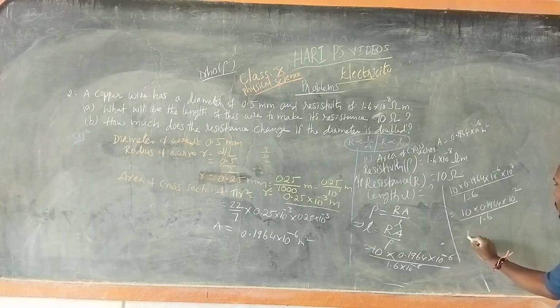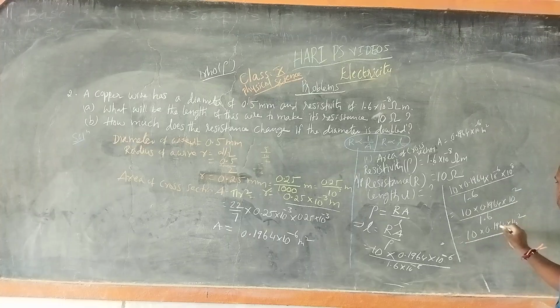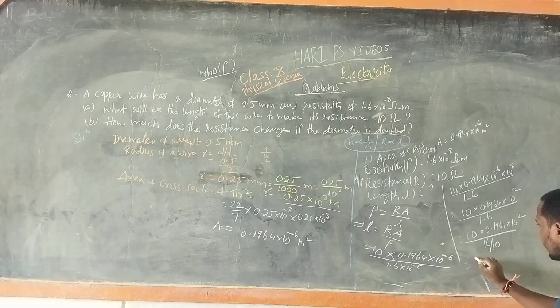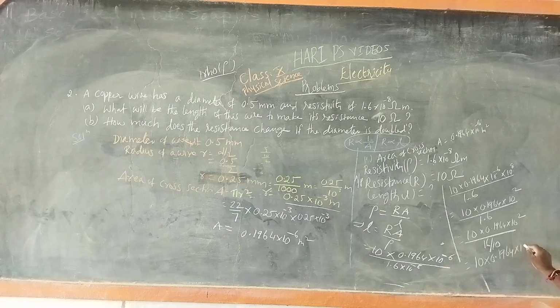10 cube, that is equal to 10 into 0.1964 into 10 square. 1.6 is written as 16 by 10. Then again we can write 10 into 0.1964 into 10 power 2 into 10 by 16. Substituting the values and simplifying, 10 power 1 and 10 power 1 with 10 square give 10 power 4.